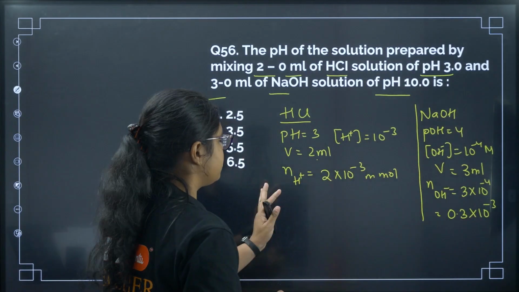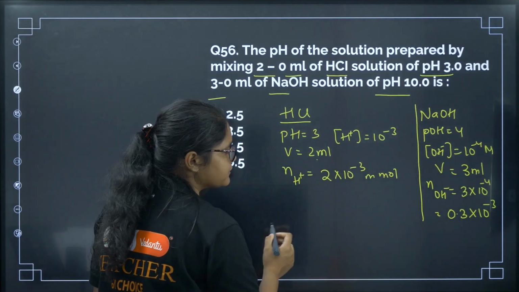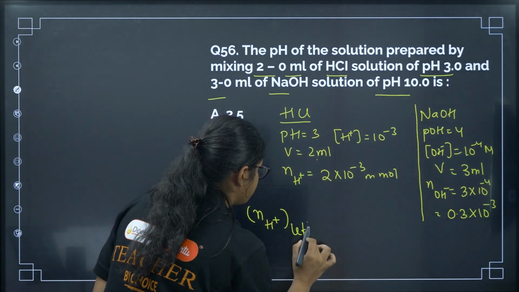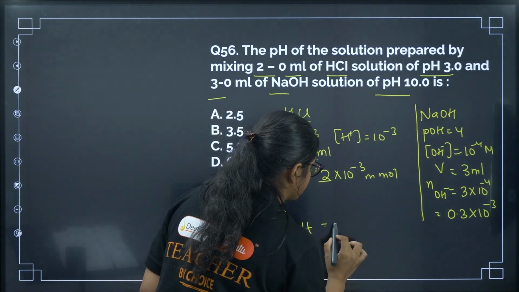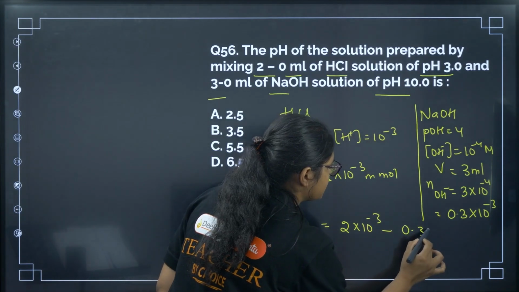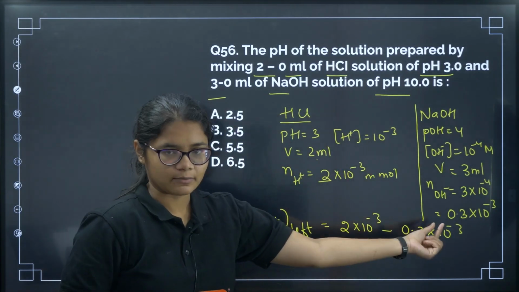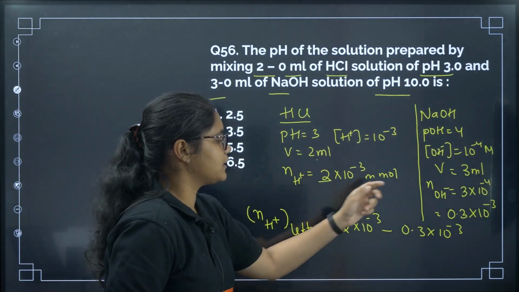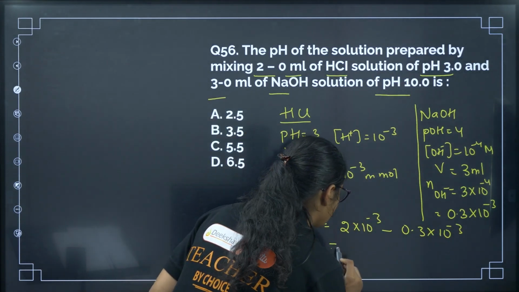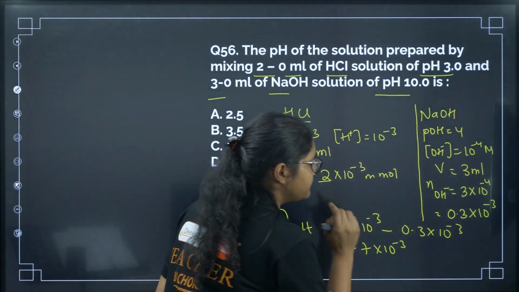Now they both will react, so how many moles will be left out? The number of moles of H+ left will be 2 into 10 to the power of minus 3 minus 0.3 into 10 to the power of minus 3, because 1 mole reacts with 1 mole, so 0.3 will react with 0.3. So 1.7 into 10 to the power of minus 3 millimoles will be left behind.